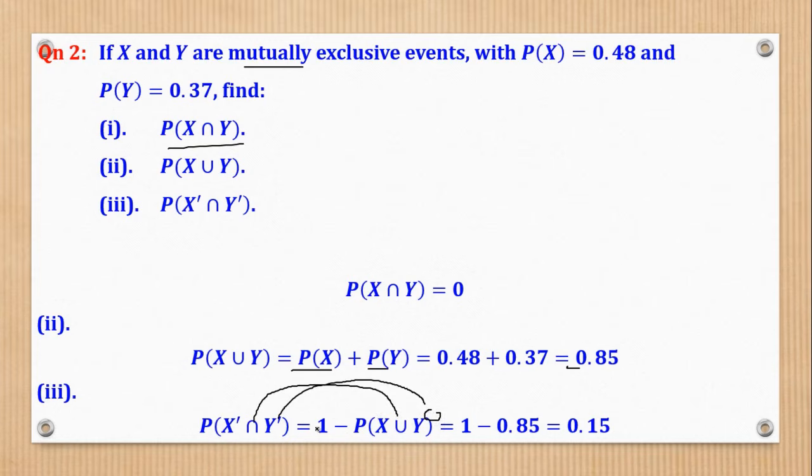It is because of this 1 minus, because probability of X union Y complement is the same as 1 minus probability of X union Y. So because we have started by saying 1 minus, that is why we are not seeing the complement here. So substitute for union and then come up with this as the answer.